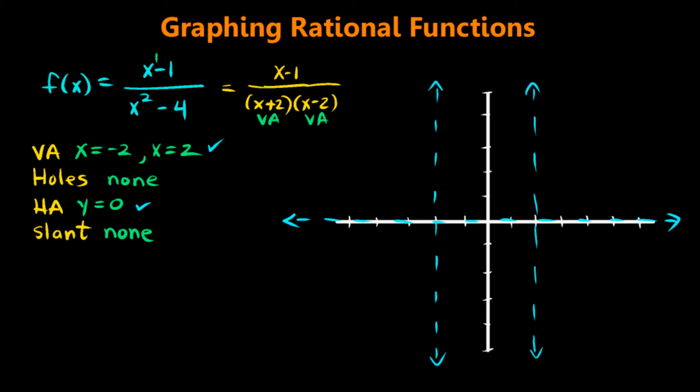So the next thing that you want to do is solve for any x-intercepts and any y-intercepts that there might be. Now the general rules for finding the x-intercepts and y-intercepts are as follows. For the x-intercept, what you want to do is set the numerator equal to 0 and solve for x.